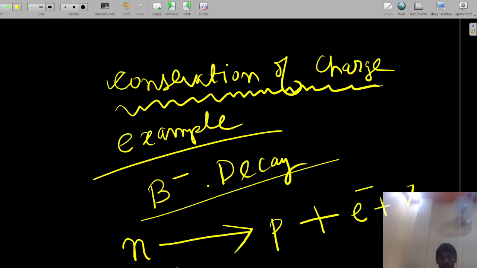Before the reaction, the neutron has no charge, so it is 0. The proton has plus 1 charge, the electron has minus 1 charge, and the neutrino has no charge. So the total charge on the left hand side of the reaction and the right hand side of the reaction is the same. So we find that the total charge in any process is always conserved.